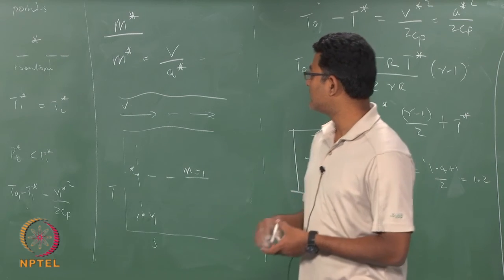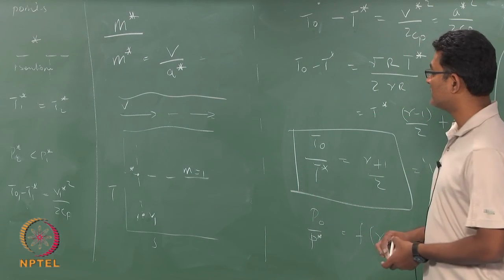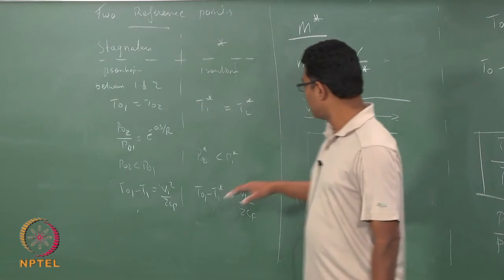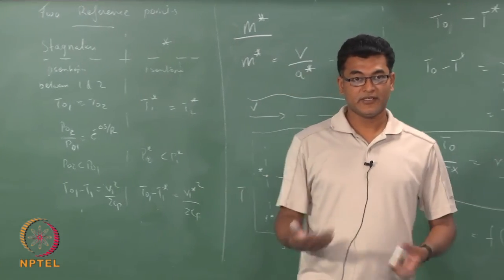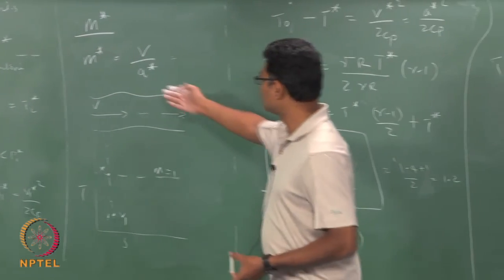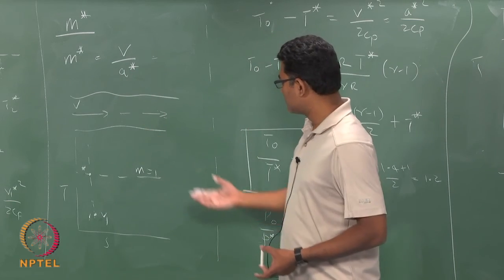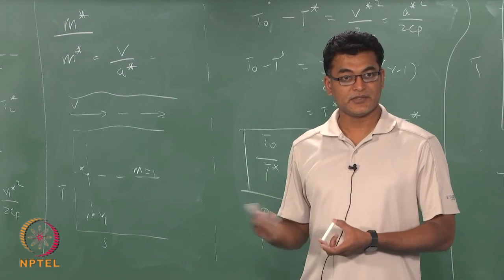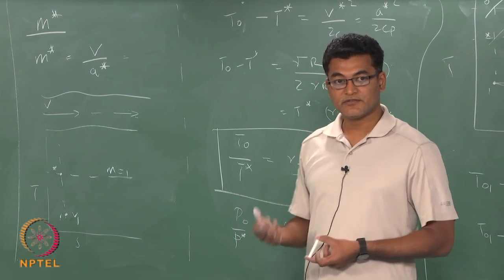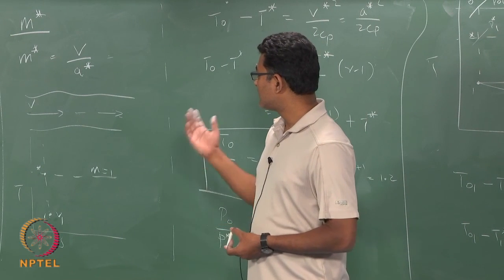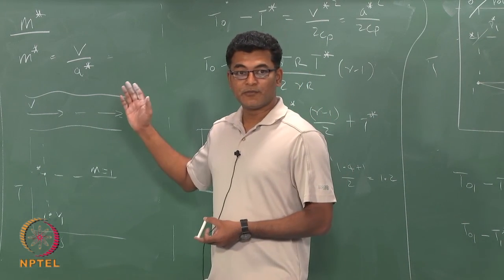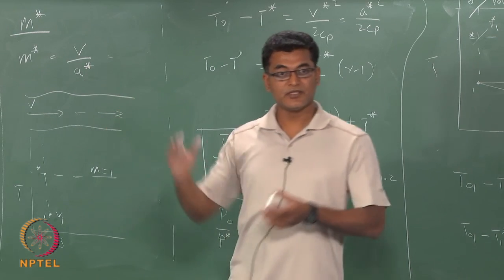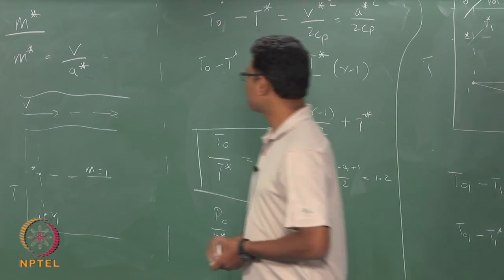So, the message from this lecture is that we have two reference quantities, stagnation and star, which are very useful, and we have also defined something called M star, because M is always changing with respect to temperature as well, and it is not just a function of velocity alone, and at large velocities M would tend to infinity, whereas now we have defined a new quantity with which we can scale down the whole process to something very small.